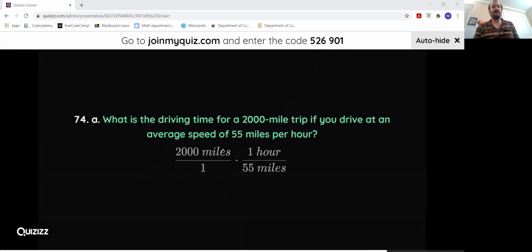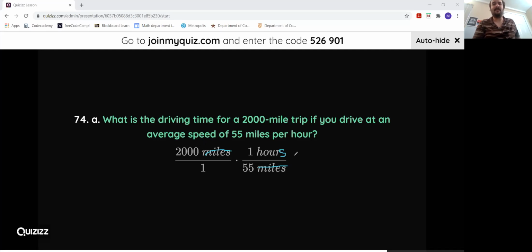I look at 2,000 miles. I want to get rid of my miles. So if my miles is on top here, my miles has to be on bottom here. This thing tells me 55 miles per hour, meaning my division bar is over hour. If I do this, this should give me a solution that is in hours, maybe I've got to pluralize it, but there you go.